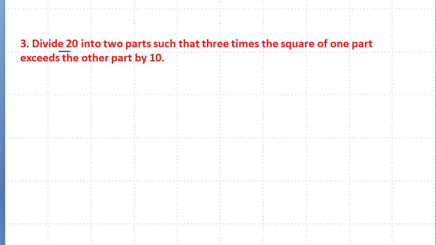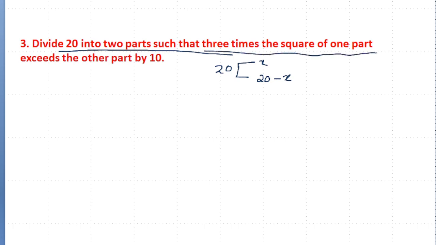Here, divide 20 into two parts. One part is x, the other part is 20 minus x. Now these are the two parts. Now the second part: 3 times the square of one part.